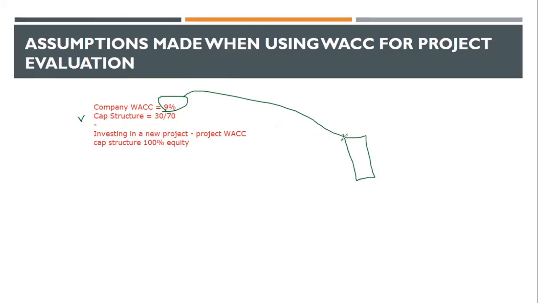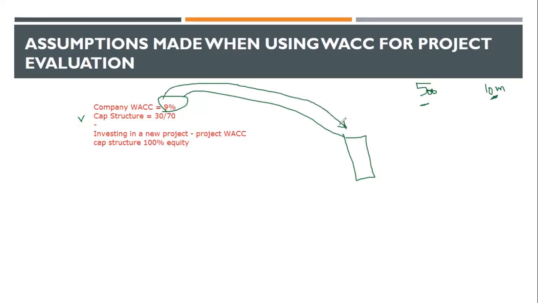Or maybe the capital structure is different, but the project is so small. The company is $500 million and the project is just $10 million. So it is so small that in that case, you can ignore the differences, and you can say, I will use the same WACC.